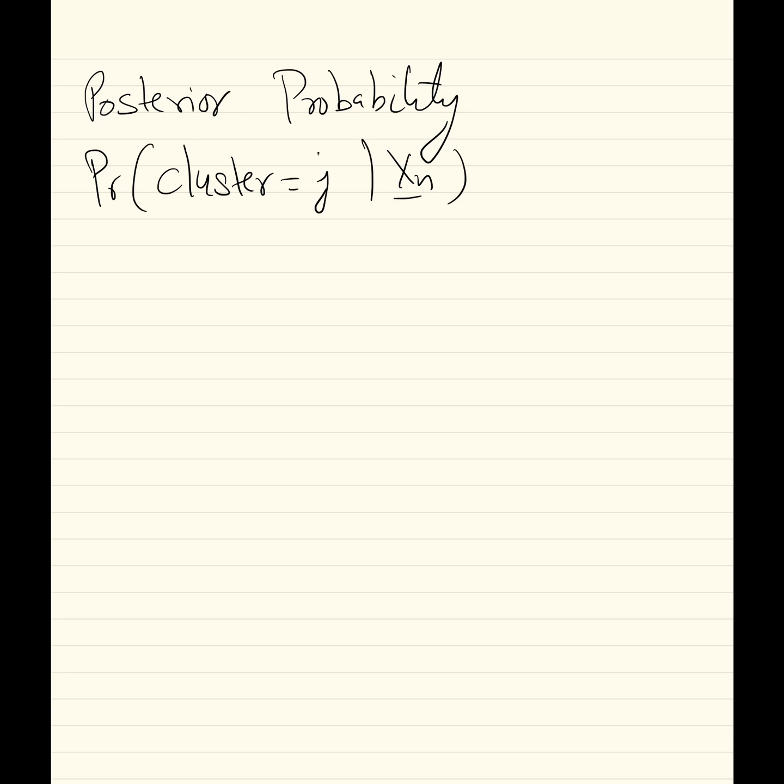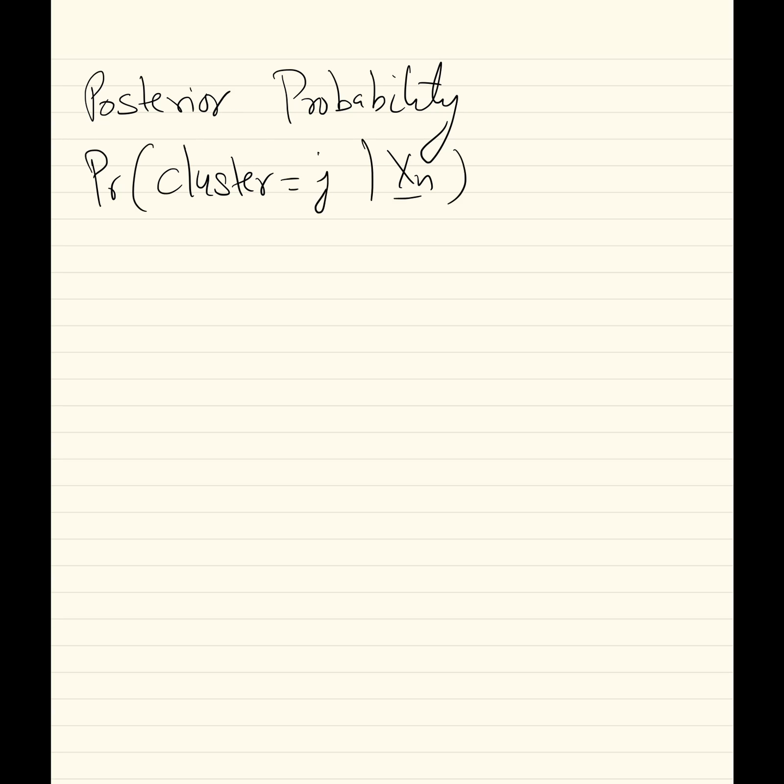If j is 1, it tells me how likely it is that I took the first path given that the output was xn. If j is 2, it tells me how likely the second path was taken. So that posterior probability gives me a probability of taking each of these three paths, and then I will choose the one with the highest probability and put xn in that particular cluster.